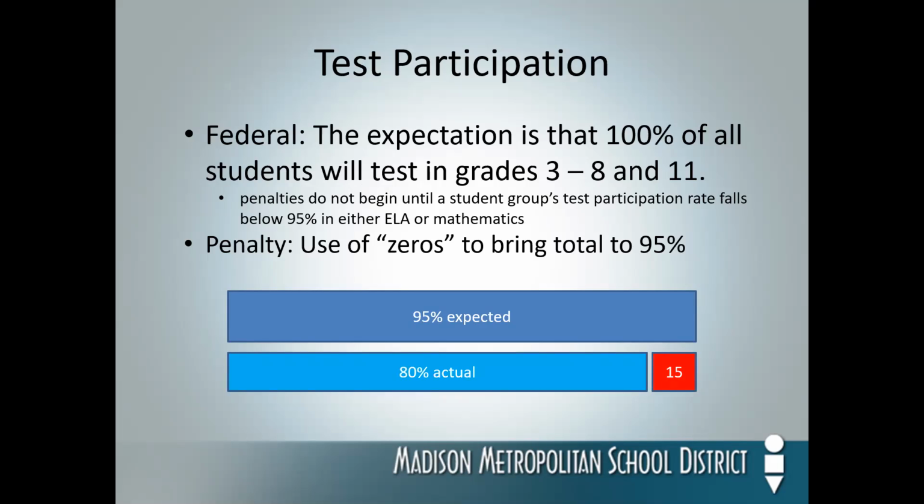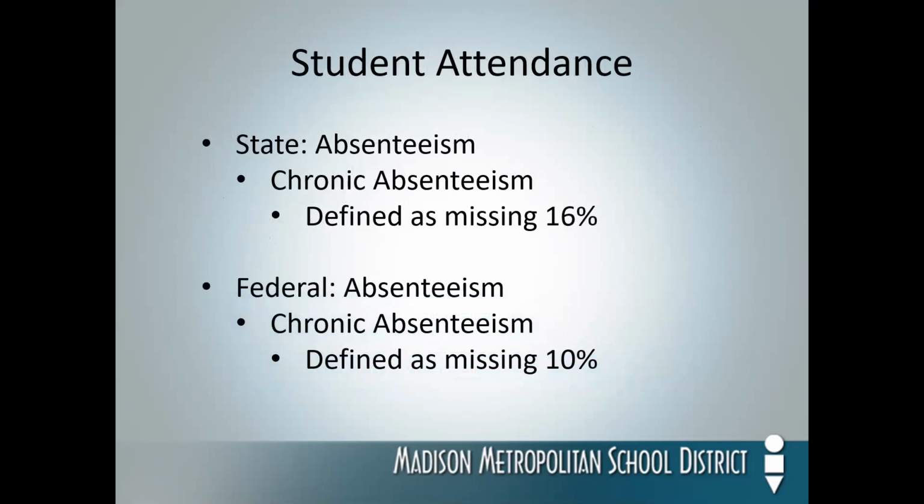So you'll have 15 zeros to add into your total point value for the academic achievement of this specific group that we're looking at. As we all know, zeros do amazingly harsh things to averages, but that's the way this particular process works. Another thing that's different is that absenteeism is defined as students who are missing 10% in the federal system versus 16% in the state system.